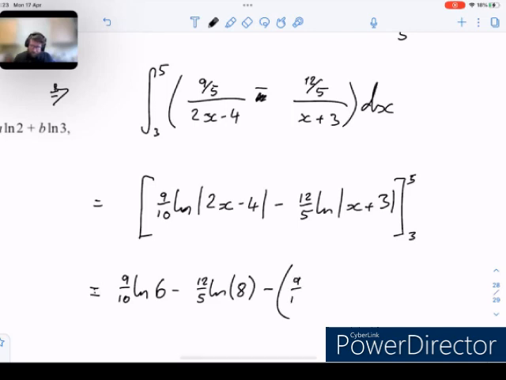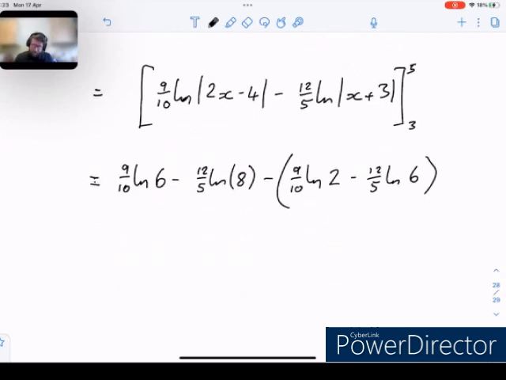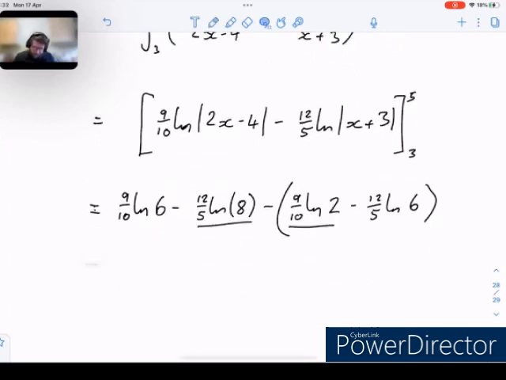So that's 9/10 log of 2 times 3 minus 4, which is 2, minus 12/5 log of 3 plus 3. So those logs, what have we got? 9/10 log 6.